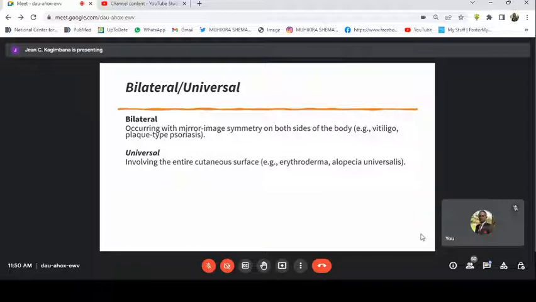And then finally, when you have a region involving the entire body, like vitiligo, you know it.